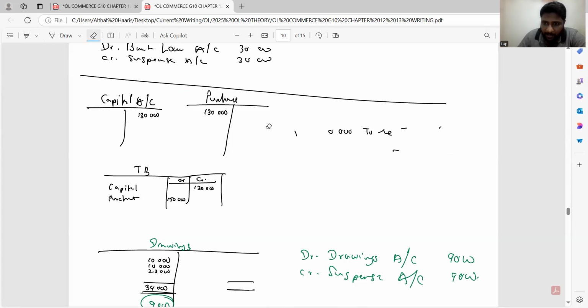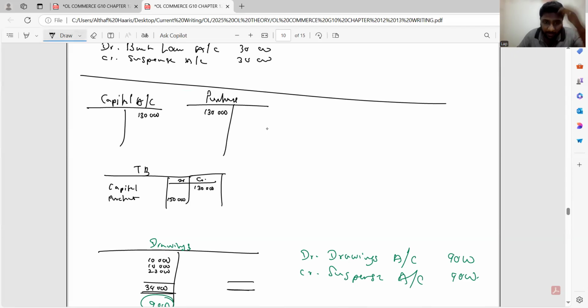If you have a higher amount in the debit side, in order to correct it, you have to take the correction to the credit side. So here you have 150, now you have to make it 130. This is a debit item. To make it 130, credit the trial balance that extra 20,000.